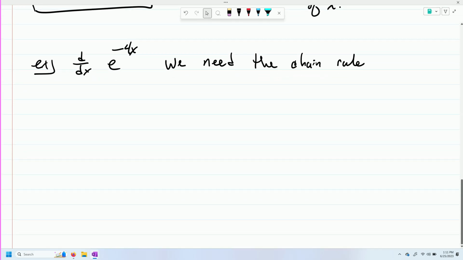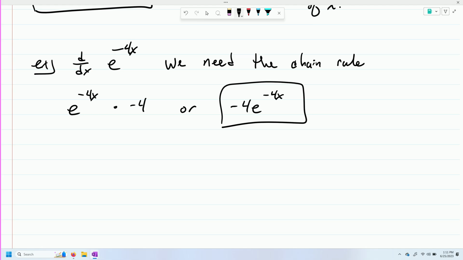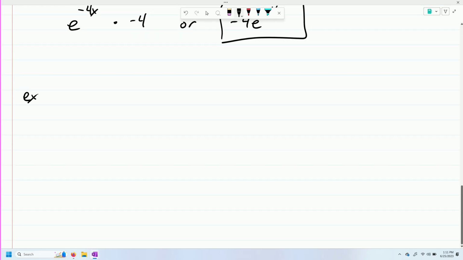So the chain rule is just the function times the derivative of u, or just -4 times e^(-4x). That's what it boils down to. I'll do one more derivative of e to the u, just so we can see how it works again.